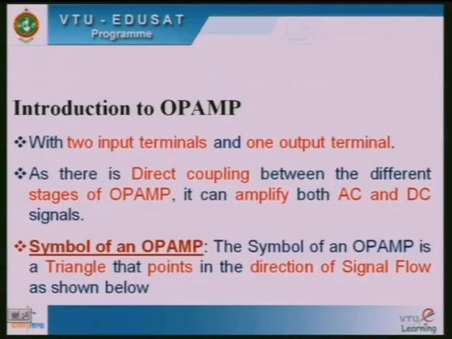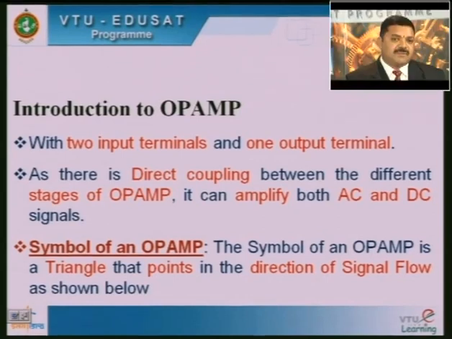Up to this point you can write the operational amplifier definition. A clear and precise definition is this one: an operational amplifier is a very high gain, direct coupled, multi-stage differential amplifier with 2 input terminals and 1 output terminal, as there is direct coupling between the different stages of the op amp, it can amplify both AC as well as DC signals.